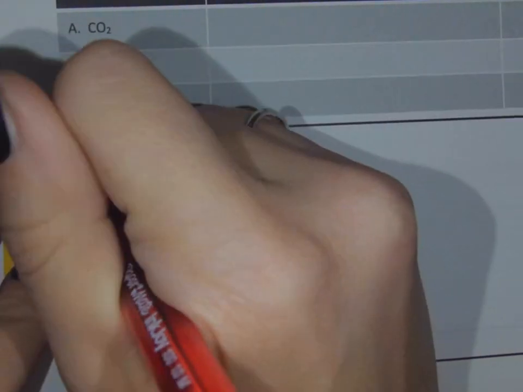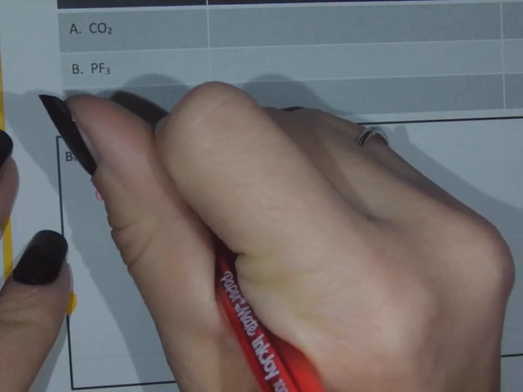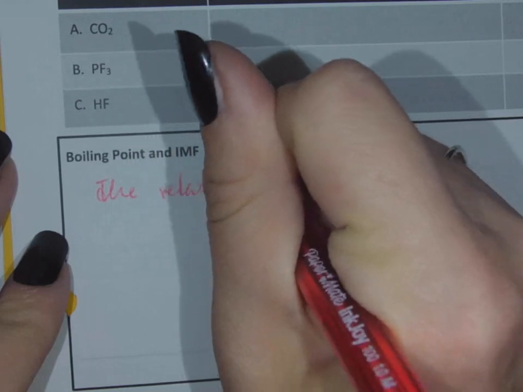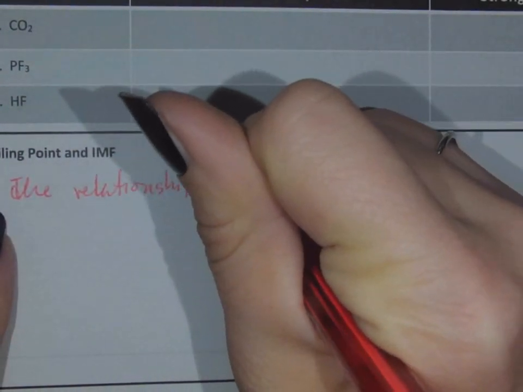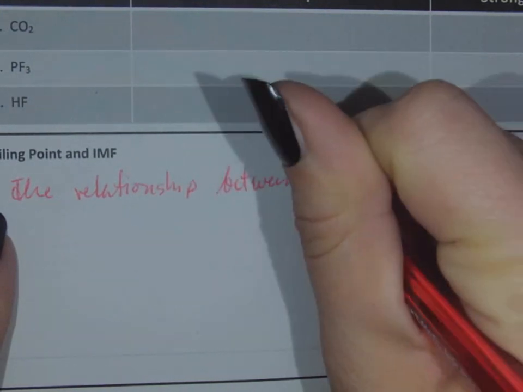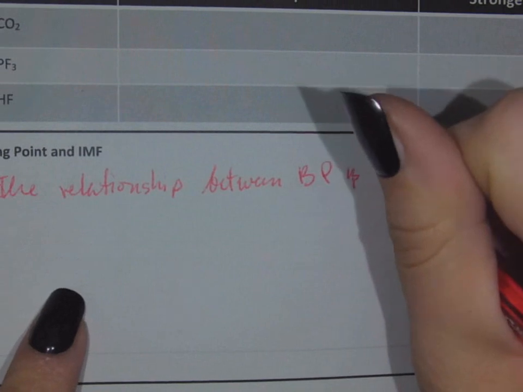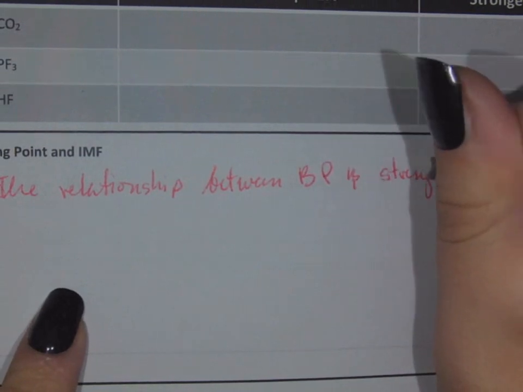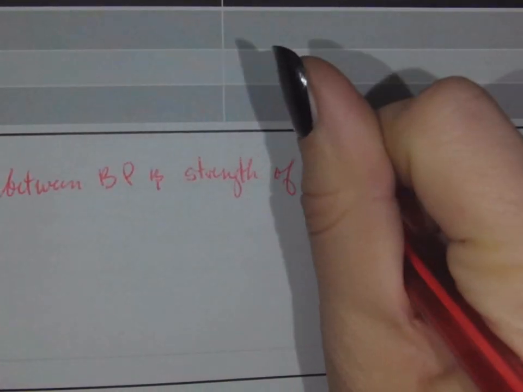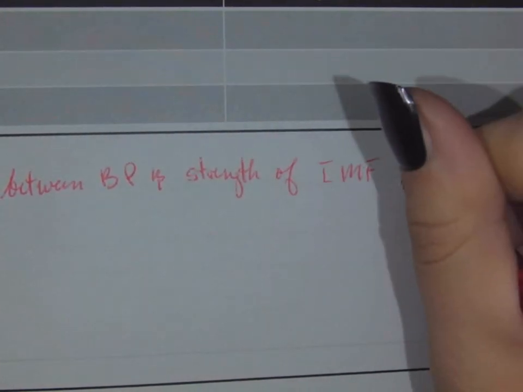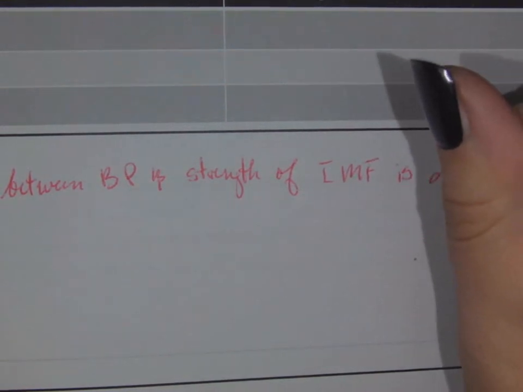Okay? So let's write that down. So the relationship between boiling point and strength of IMF is directly proportional.